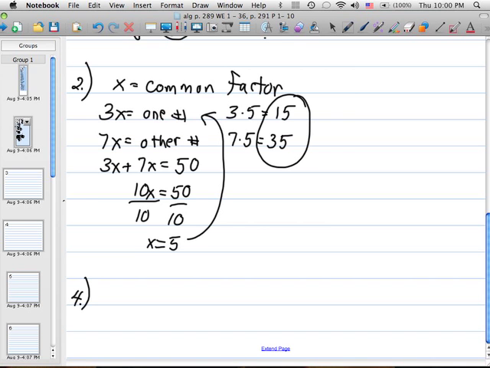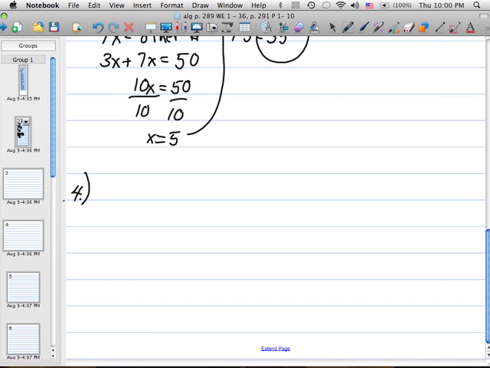Problem number 4. In a survey of 700 voters, the ratio of men to women taking part was 17 to 18. If I add 17 and 18, it does not make 700. So the common ratio, the common factor x, has been canceled out.